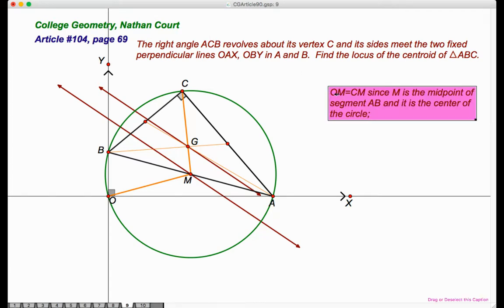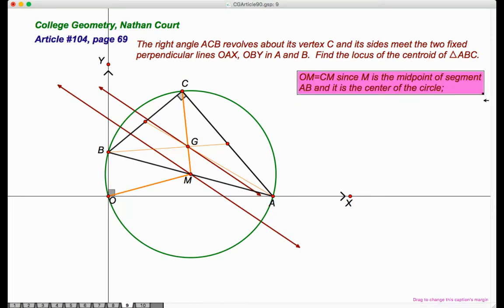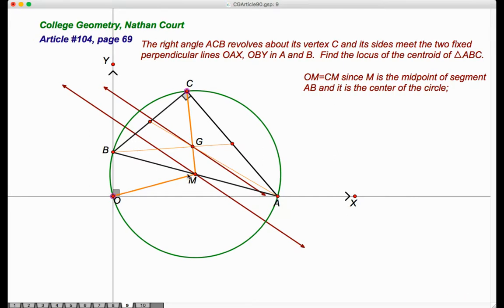Now, as a matter of fact, triangle OCM is an isosceles triangle.